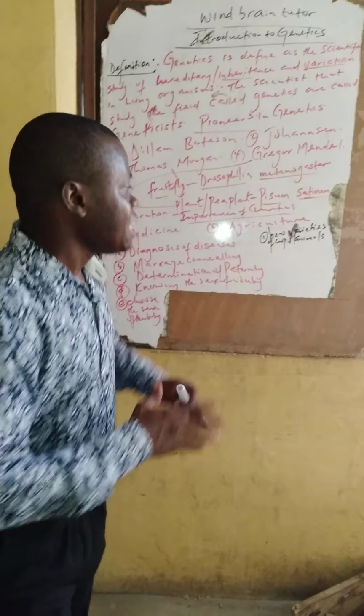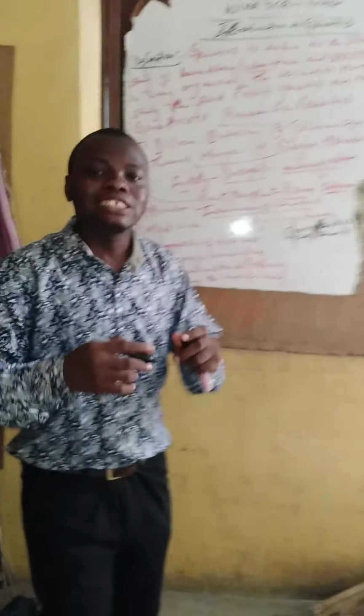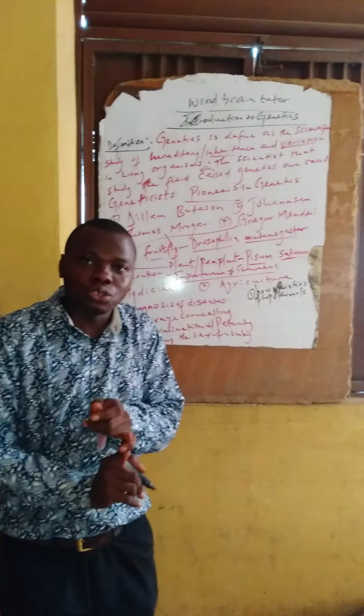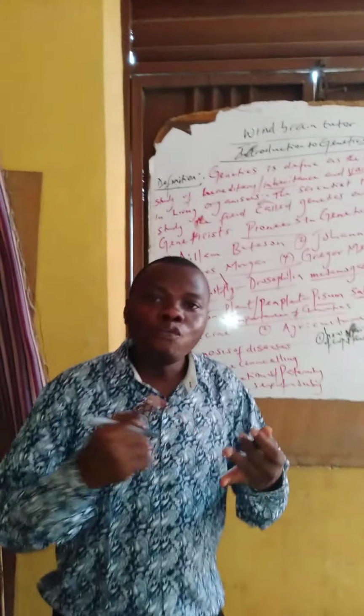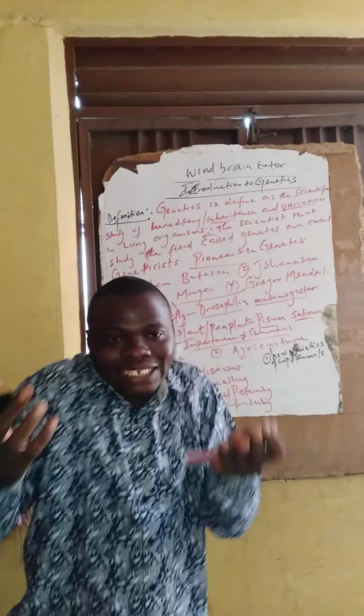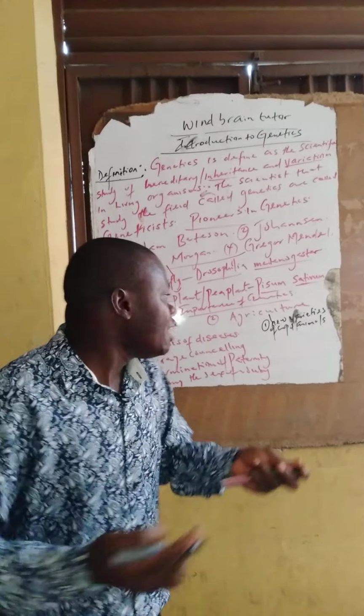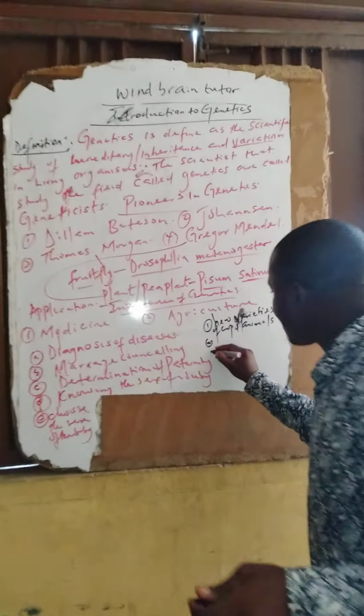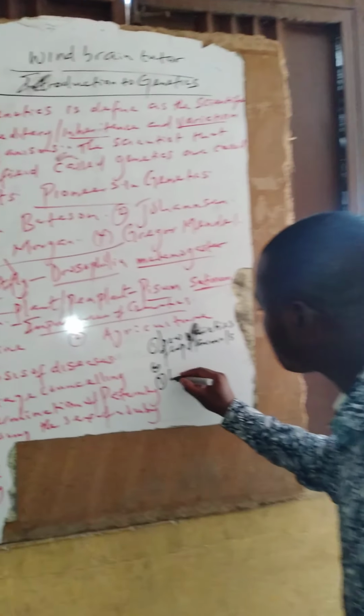That is number 1. Number 2, new varieties of crops and animals that can resist diseases.